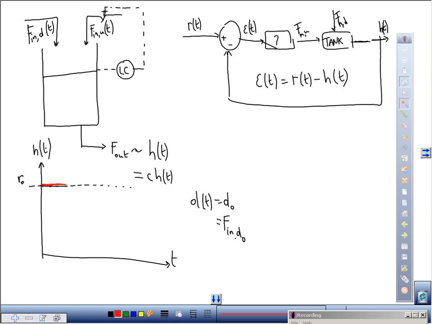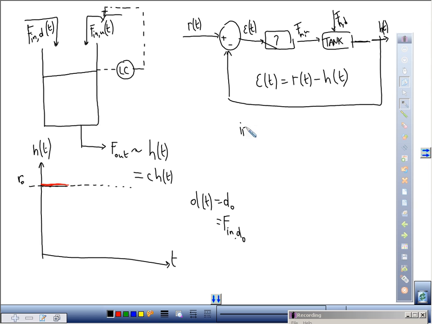Then, of course, we would like the controller to keep the level there. And I think it's clear from the setup in this example that the level will be kept constant at that value only if the total input flow rate equals the total output flow rate, because only in that case the level will remain constant.